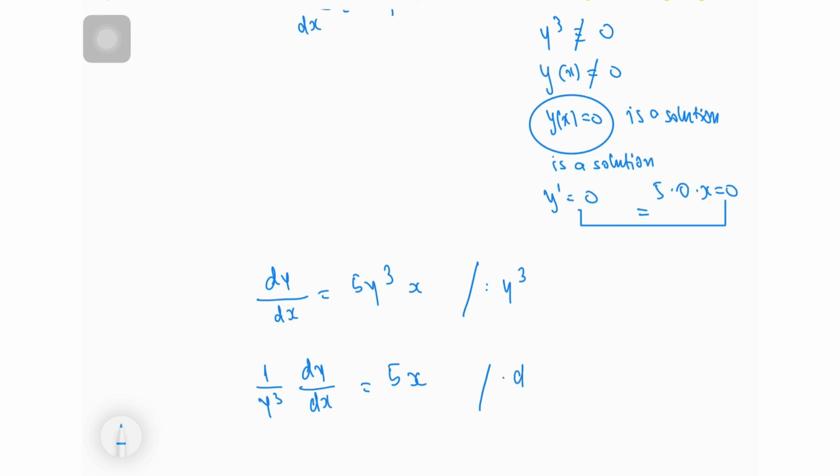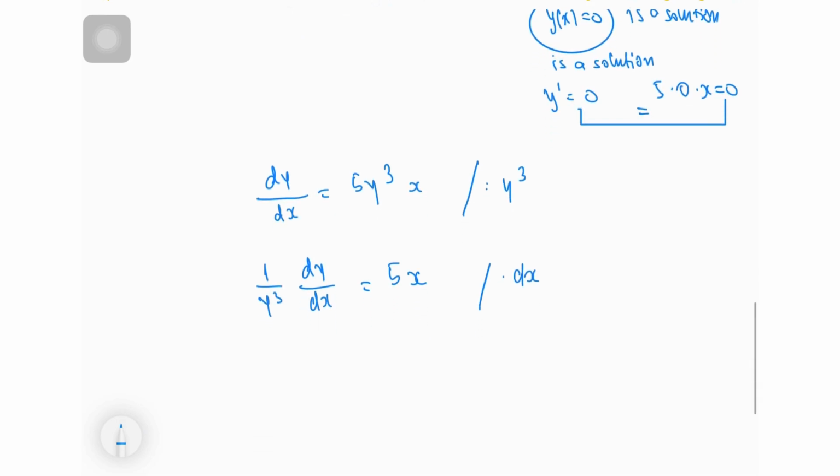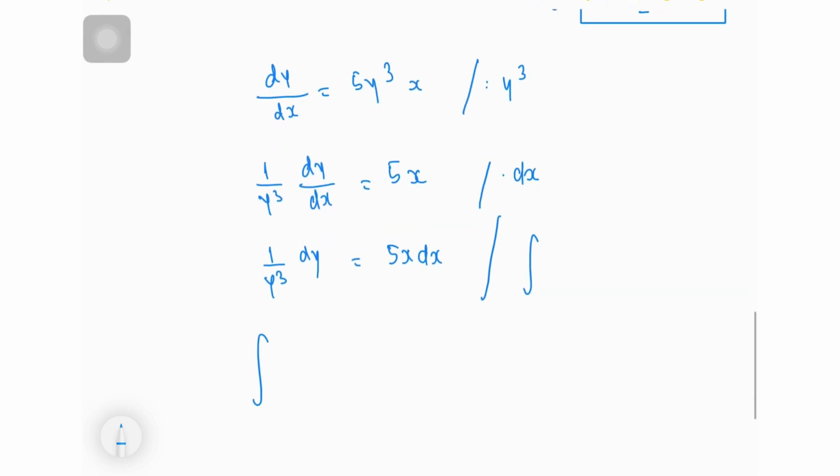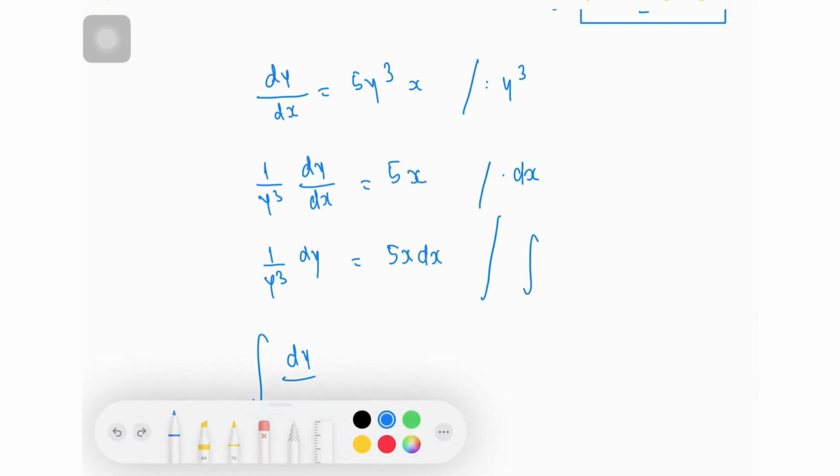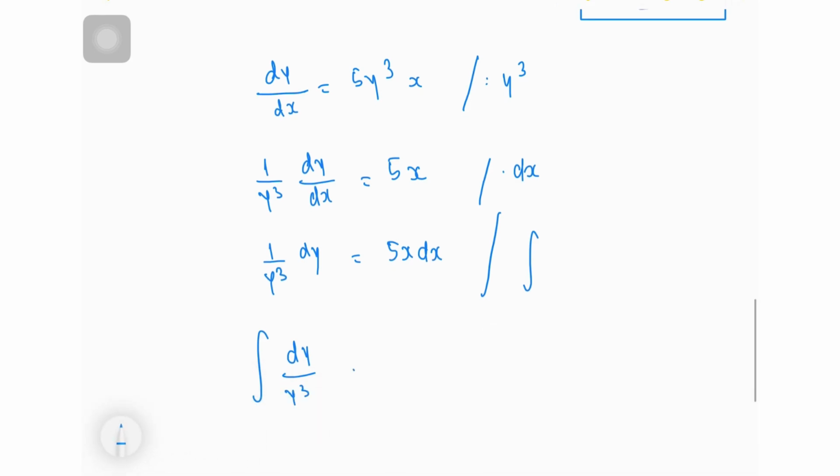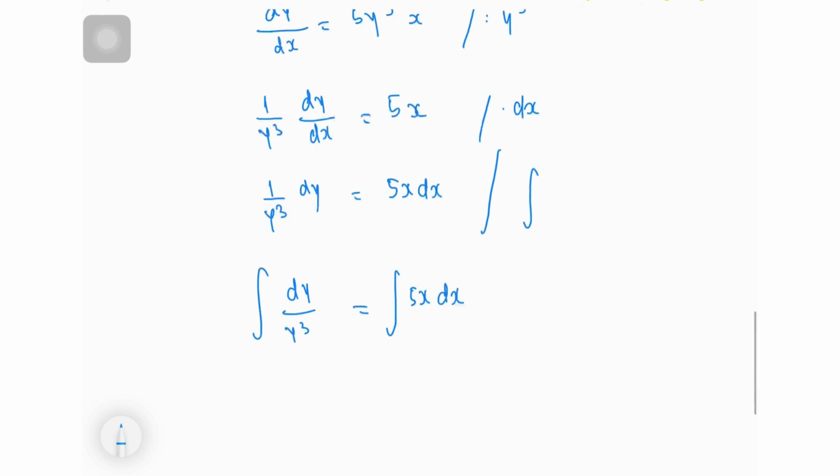Now we can multiply by dx, or if you want integrate, it comes to the same thing. So formally we put the integral: the integral of dy over y cubed equals the integral of 5x dx.